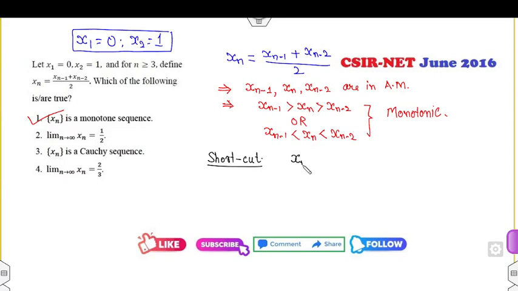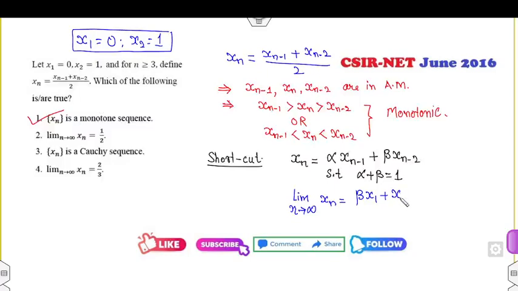So remember, whenever you have a sequence of this nature, alpha times xn minus 1 plus beta times xn minus 2, such that alpha plus beta is 1, then you can find the limit as n approaches infinity of xn as beta times x1 plus x2 divided by beta plus 1, if x2 is greater than x1.